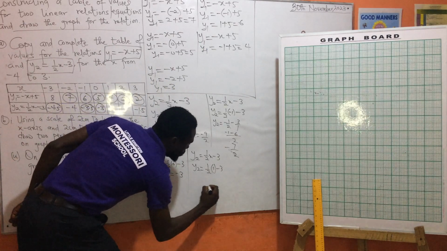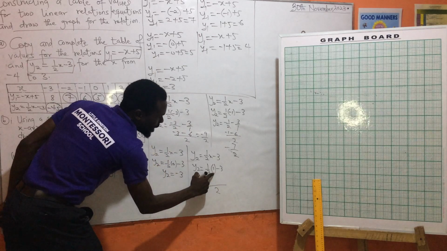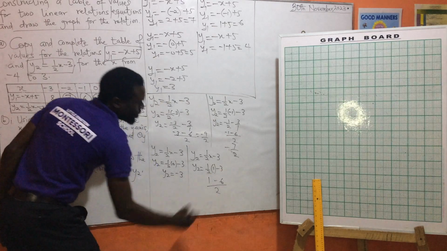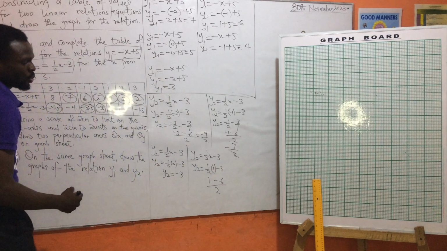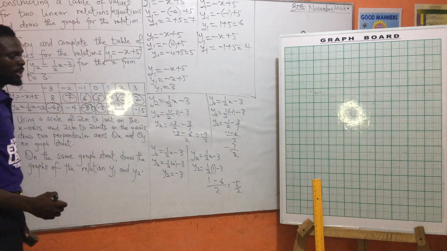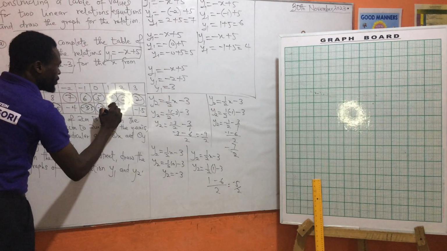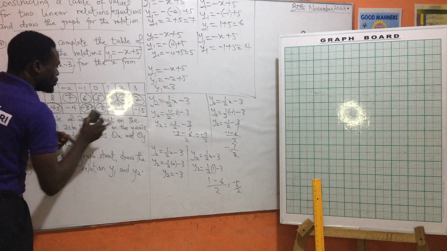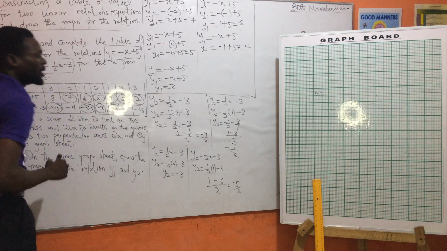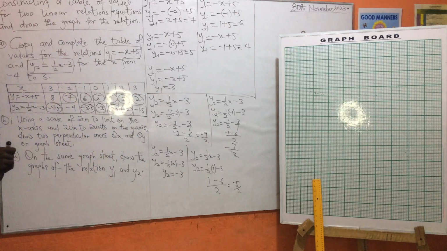This is giving you 2, 1, then you have this as 6. So you are subtracting, and subtracting will give you negative 5 over 2. Negative 5 over 2 in terms of decimal will give you negative 2.5. Then we can detect the next one to be negative 2.